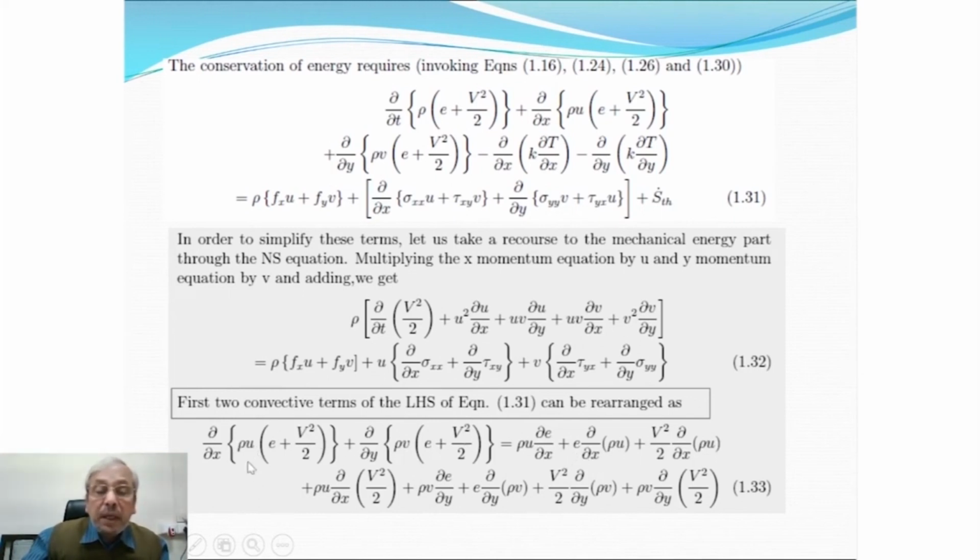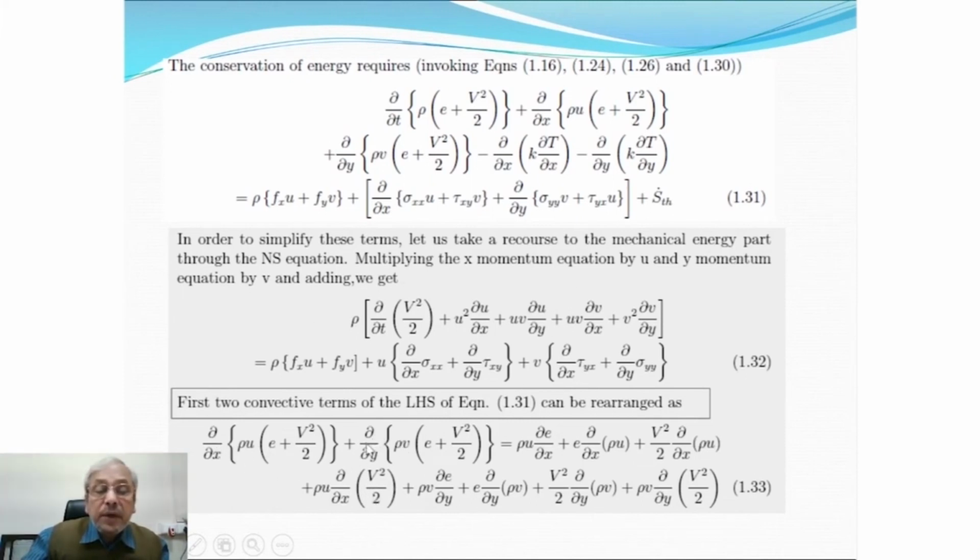For example, here we have written ρu ∂e/∂x plus e ∂/∂x of ρu, then plus V²/2 ∂/∂x of ρu plus ρu ∂/∂x of V²/2. So these first 4 terms are from this.